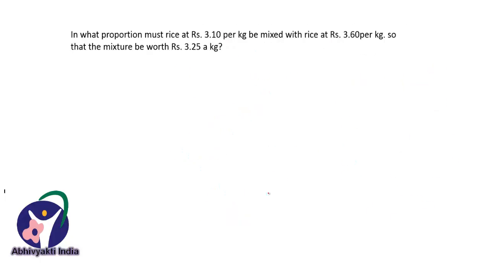Take one more question of the same type, that in what proportion must rice at rupees 3 and 10 paise per kg be mixed with the rice at rupees 3 and 60 paise per kg so that the mixture be worth rupees 3 and 25 paise.